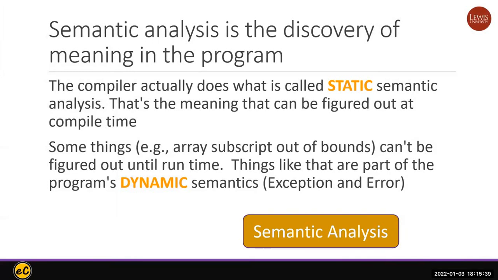The making-sense part is semantic analysis. This means some problems can be figured out at compile time. Semantic analysis has static analysis run at compile time, and there are also dynamic semantics at runtime.